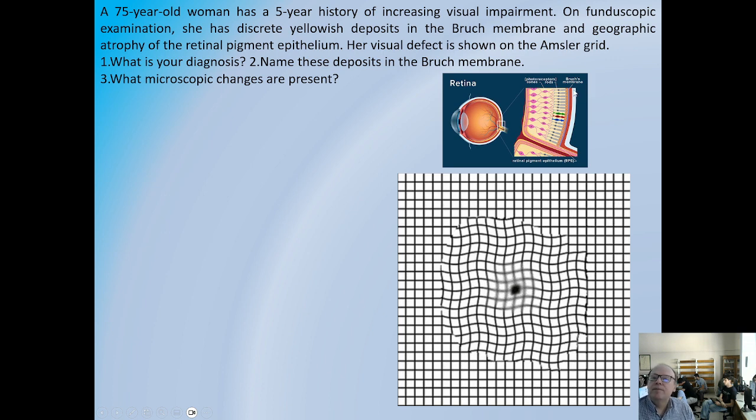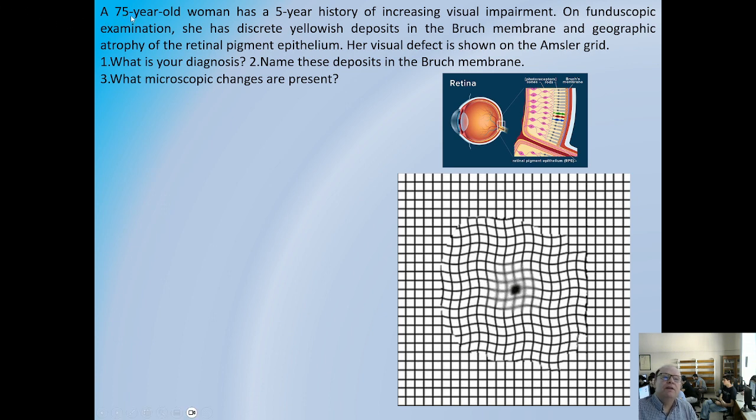Here is Bruch's membrane. You see here the retinal pigment epithelium. Remember from histology, what are these photoreceptors called? You remember? Yes, all right.